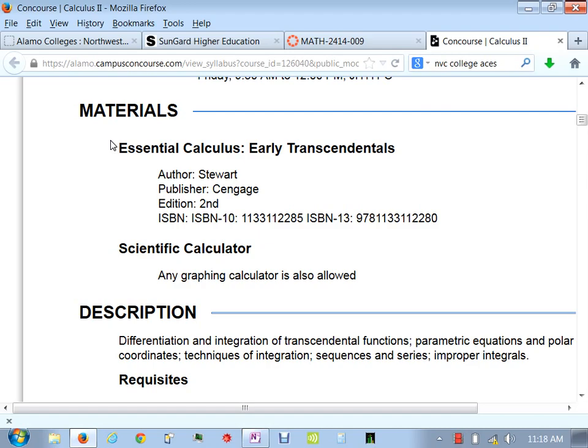So I would find a graphing calculator. If you're going to do a lot of math, in my opinion, the TI-89 is the machine to get, because it does algebraic manipulation, right?